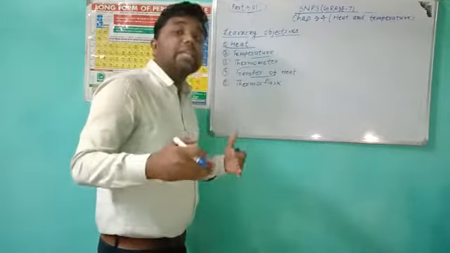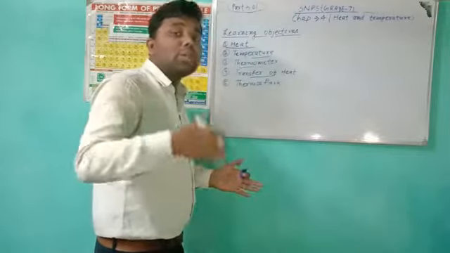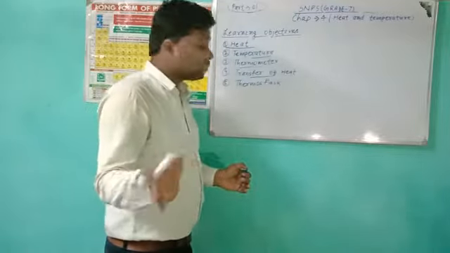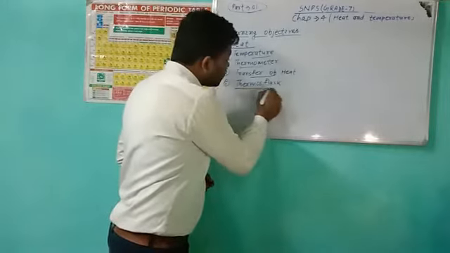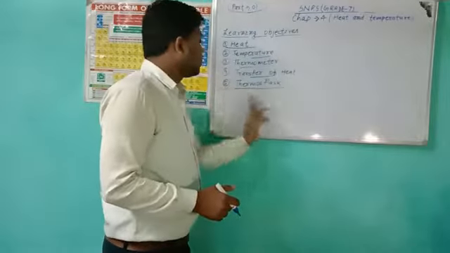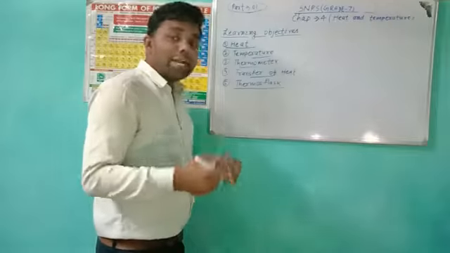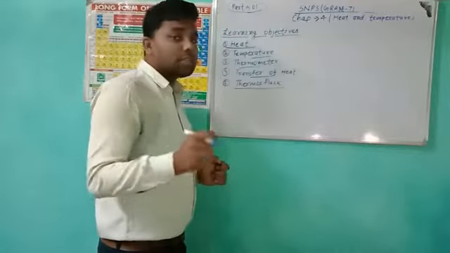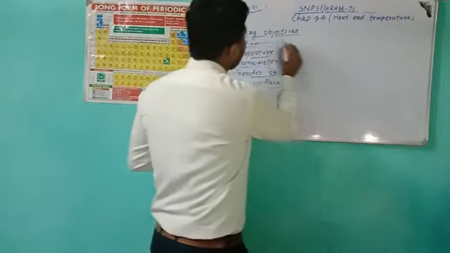How is heat transferred from one place to another place, one object to another object? Clear? And with the help of a thermoflask, we will talk about our fifth topic. So starting from the first, this is our first lecture, so I will talk about heat.